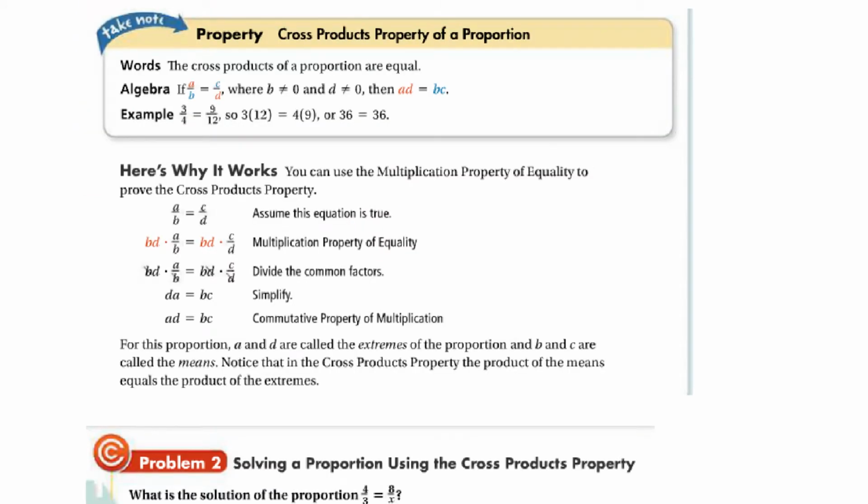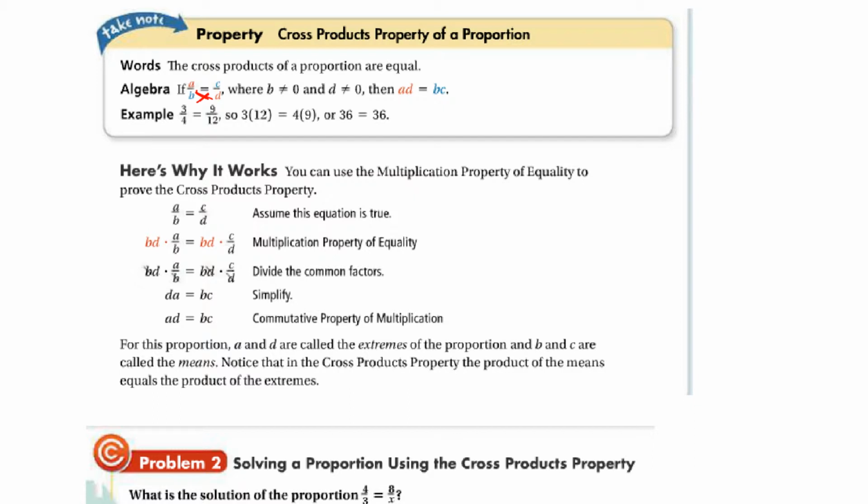Now the cross products property of a proportion says that the cross products of a proportion are equal. So if we look here, our A times D will equal our B times C. We take the left diagonal and multiply it, and that will be equal to our right diagonal.